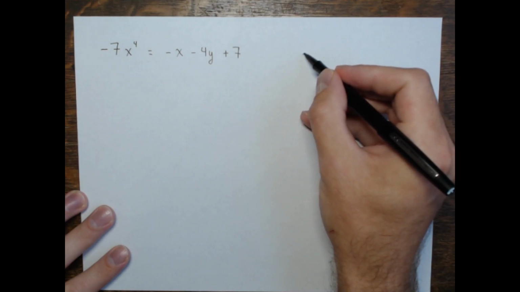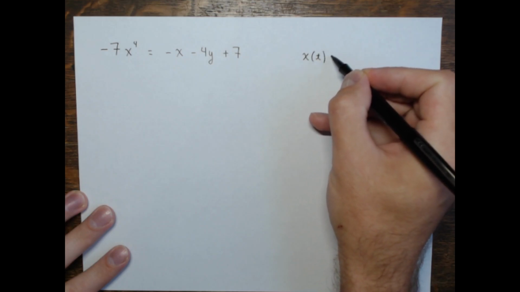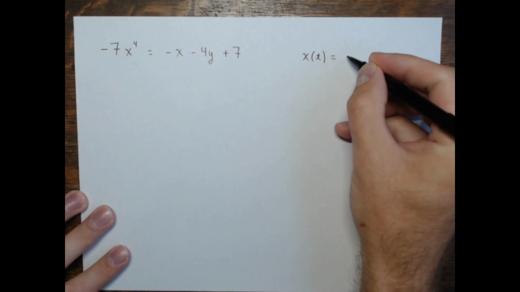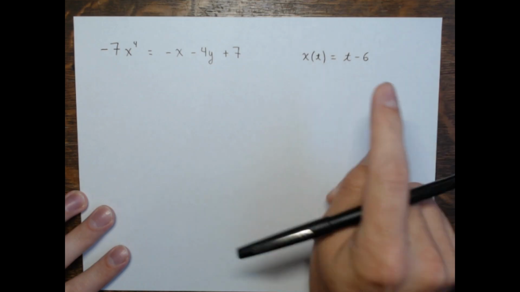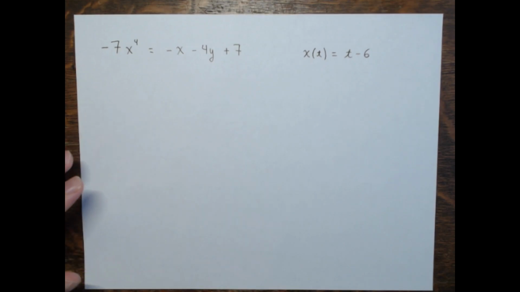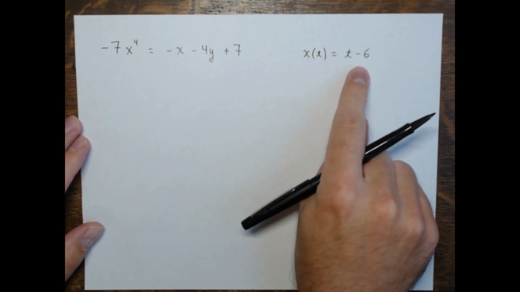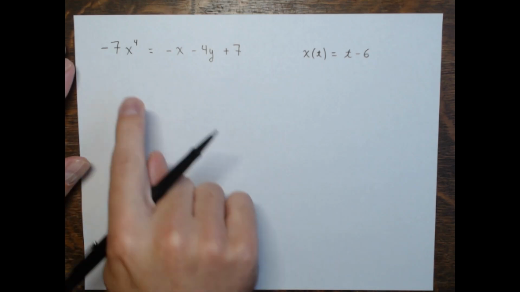And we're given x of t is t minus 6. And we're asked to find a parameterization for the y coordinates as well. So find y of t if this is our parameterization for the x coordinates of any location on this curve.